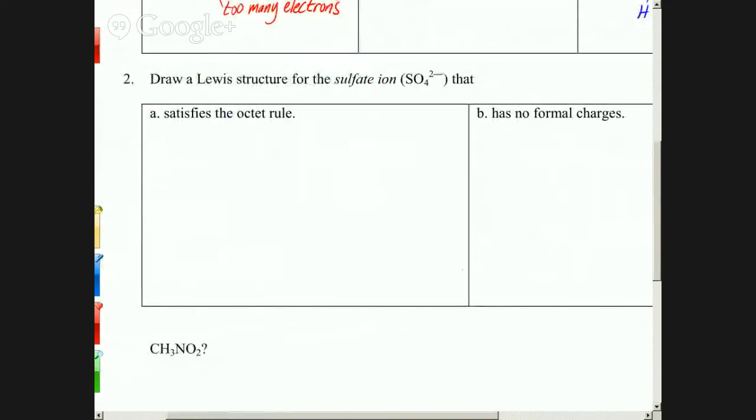All right, let's look at the Lewis structures for sulfate then. So what's a Lewis structure for sulfate that satisfies the octet rule? What does that look like? Just like that?